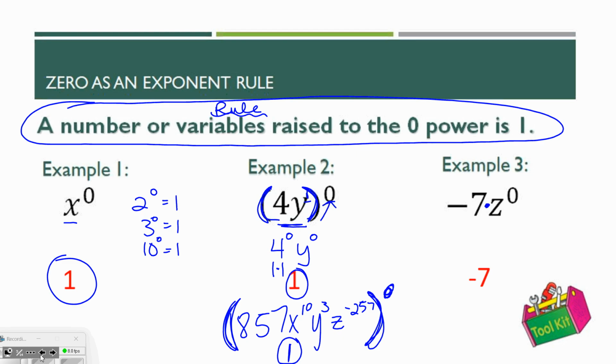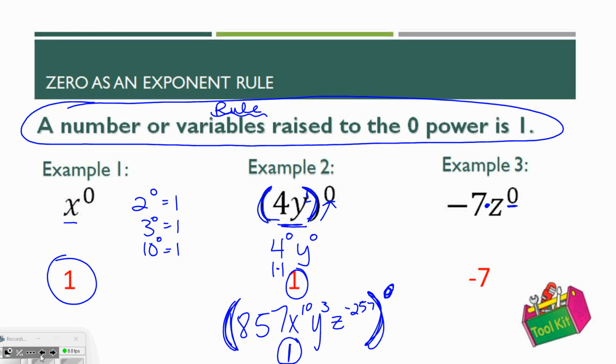It's not. That 0 exponent is only with the z. Just like if I had 5x squared. This means 5 times x squared. Only the x is being raised to the 2nd power, not the 5, right?